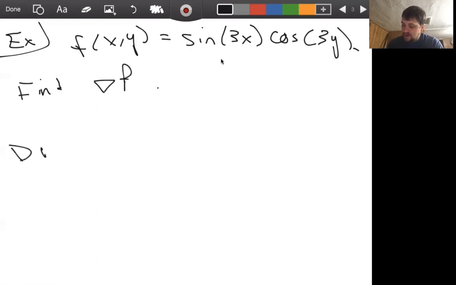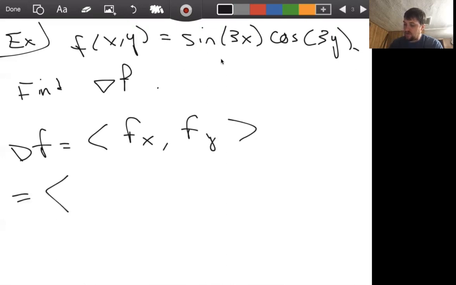The gradient of f is the vector f sub x, f sub y. The partial derivative with respect to x is 3 cosine 3x times cosine 3y.